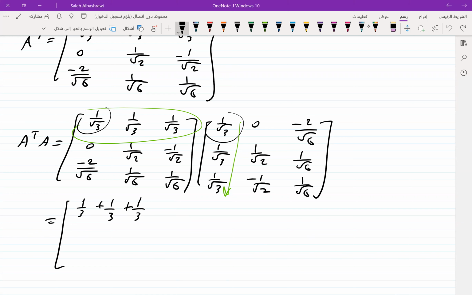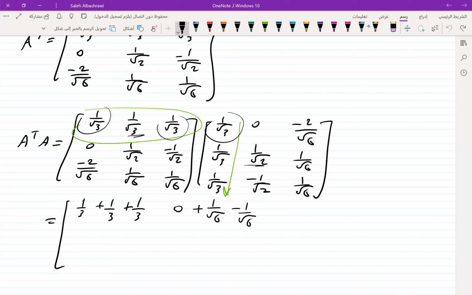This is the first element. Now go for the second column. I will have 0 plus 1 over square root of 6. Square root of 3 multiplied by square root of 2 is 1 over square root of 6. This one with the minus will be minus 1 over square root of 6. This will be the second element in the first row.